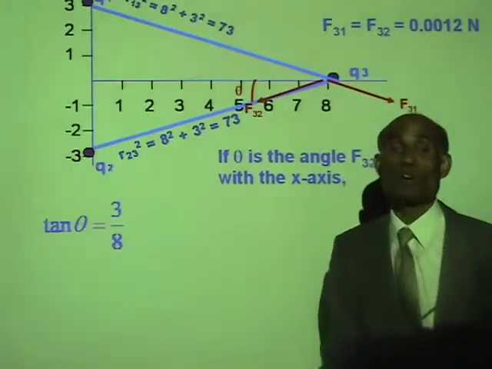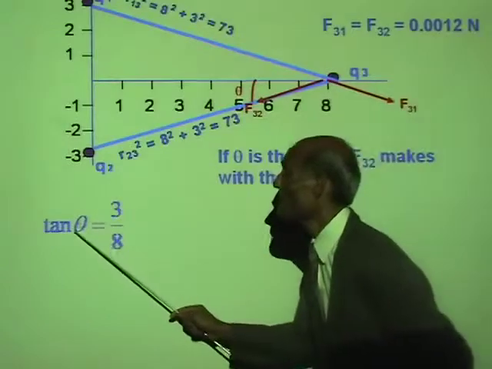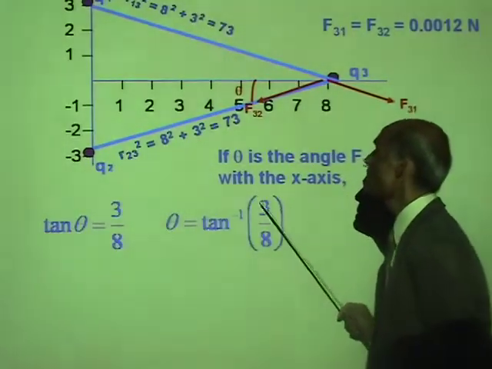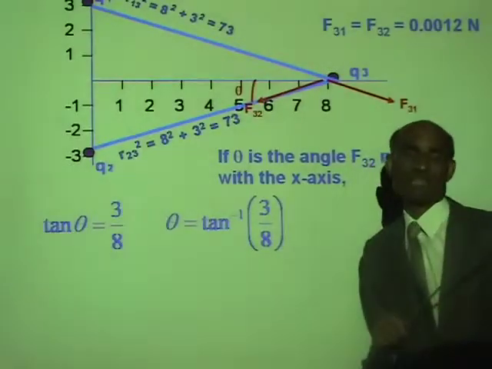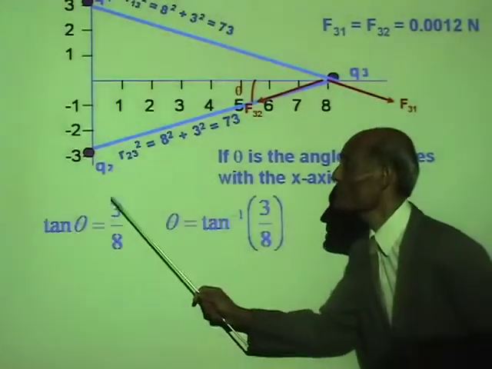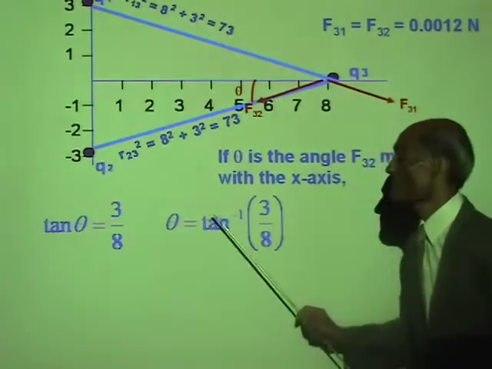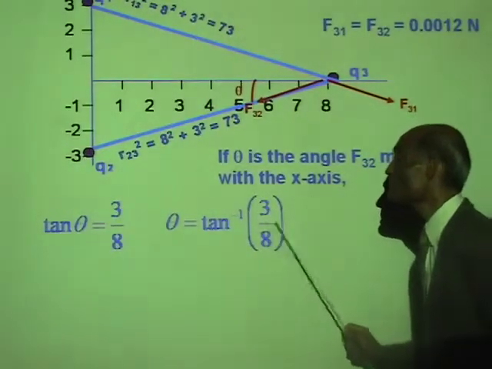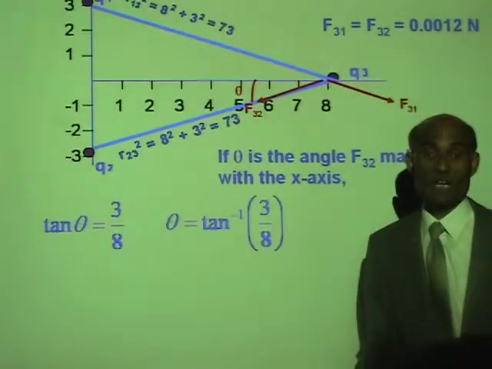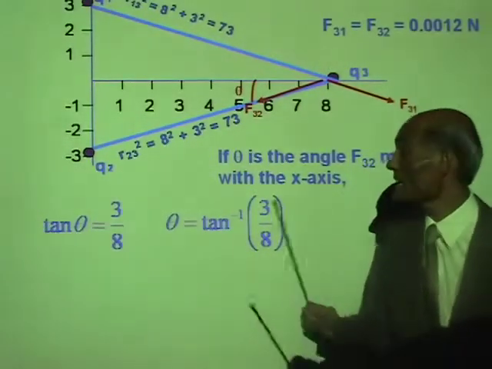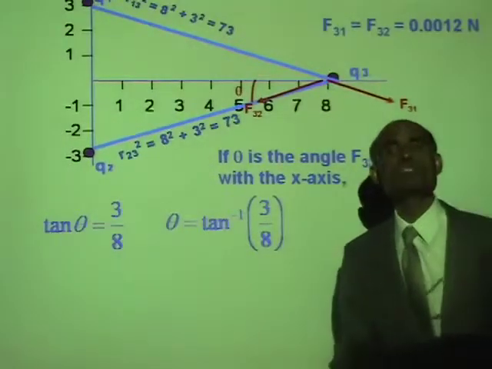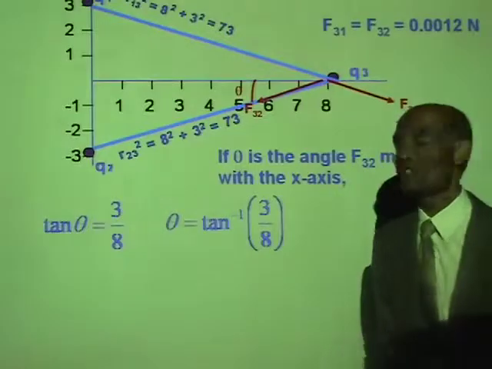And now you've got to go to your calculator and find theta. What is theta equal to? Theta is tan inverse of 3 over 8. I hope everybody is familiar with this. If tan theta equals 3/8, then theta is tan inverse of 3/8. So go to your calculator, make sure that your calculator is in degree mode so that we can find the answer in degrees.